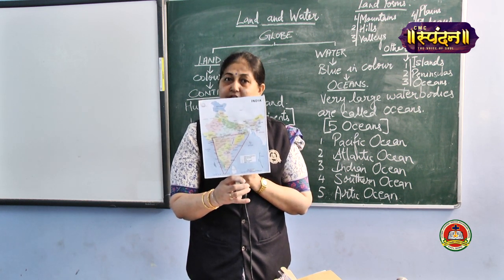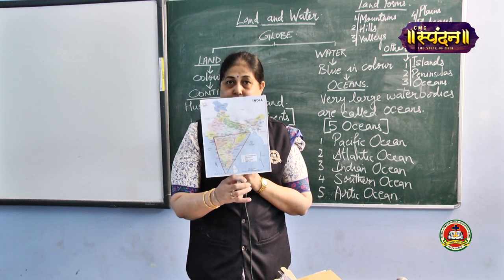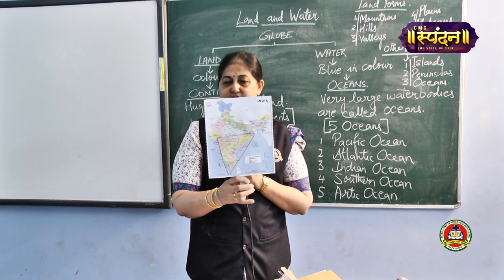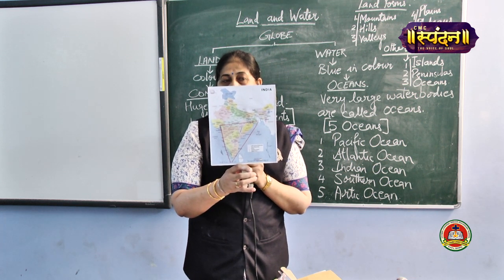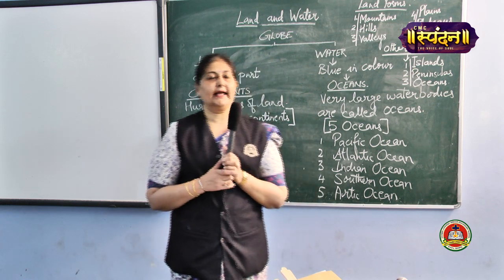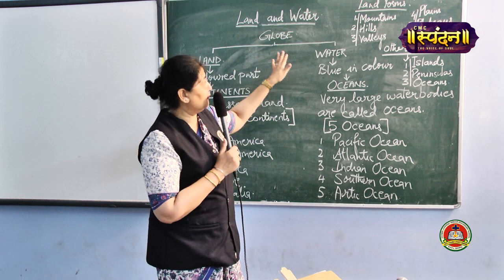It is long in shape and the other side is connected with land. Only three sides are in water. Yes, children? Can you see this? So here, children, I end up explaining the lesson to you in points and in this form of flow chart.